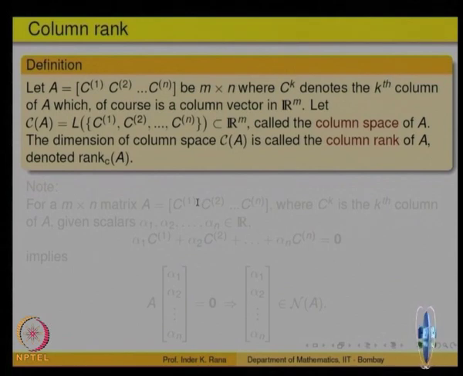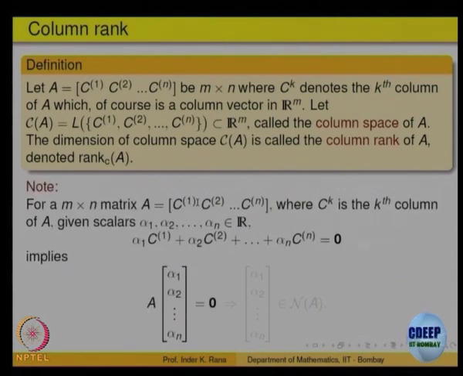These are the two subspaces and they play some important role. We will see what role they play, but just one observation here. Once we have written a matrix in the column form, if we take a linear combination of the column vectors of the matrix A equal to 0, then that automatically implies that A applied to the vector alpha 1, alpha 2, ..., alpha n is 0, right.